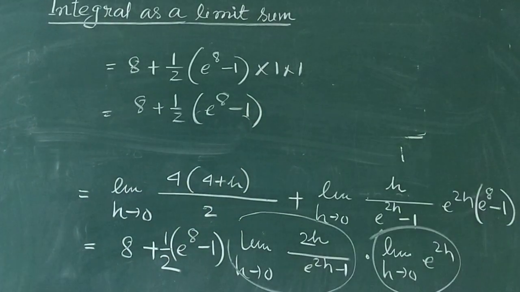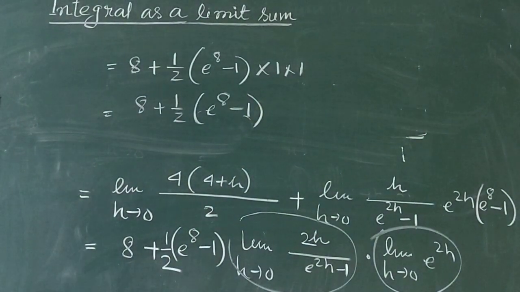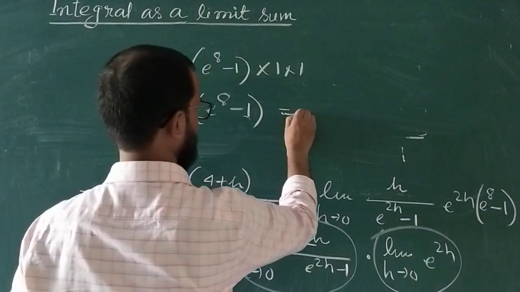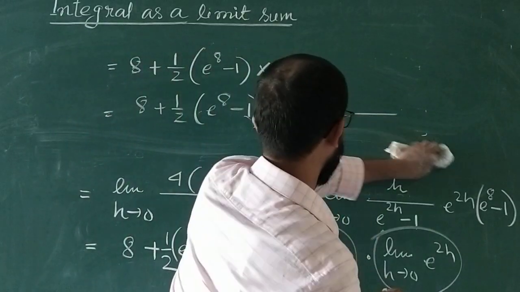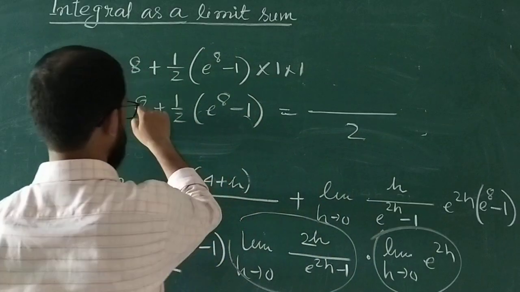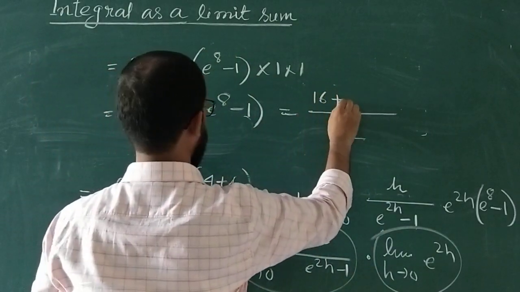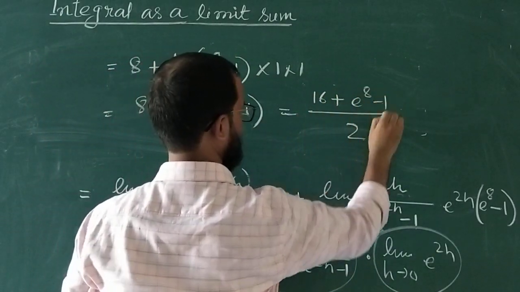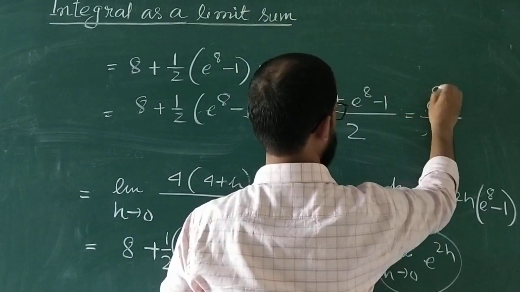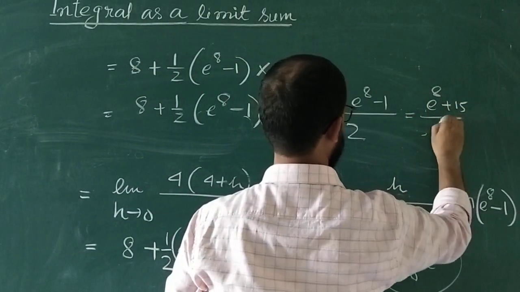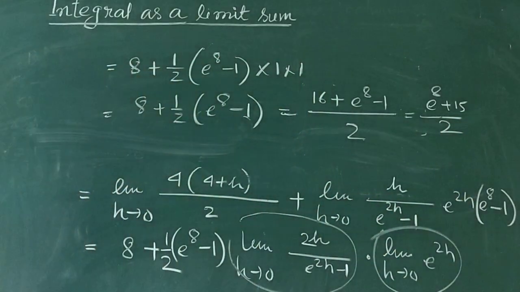And finally if you take LCM, 2 will be the LCM, that is 16 plus e to the power 8 minus 1, and the final result will be e to the power 8 plus 15 by 2. This is the final answer.